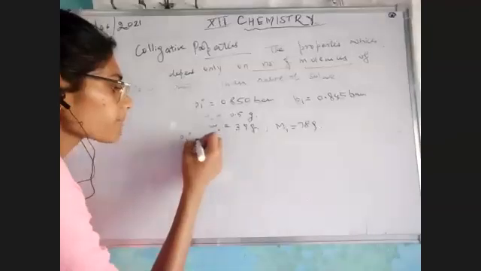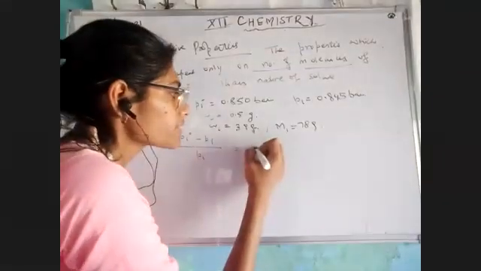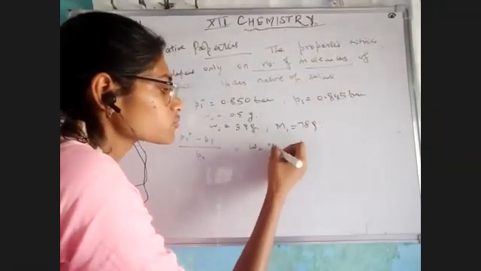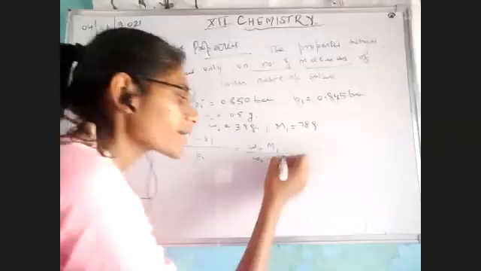So P1 naught minus P1 upon P1 equals W2 M1 upon W1 M2. We have to calculate M2.